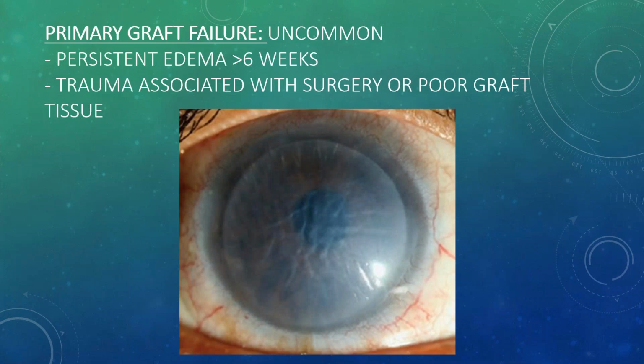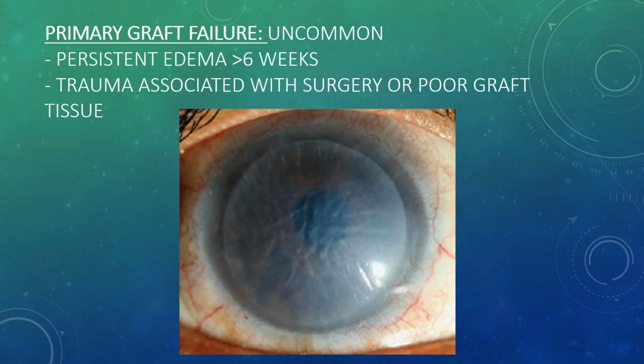Primary graft failure. This is super uncommon. I haven't seen this often, but it can occur. These are patients that you do surgery. Surgery is perfect. They are attached. You don't have to rebubble them. They don't have any signs of rejection, but the cornea transplant never clears. And it can happen for a couple reasons, but usually it's because the tissue was poor.